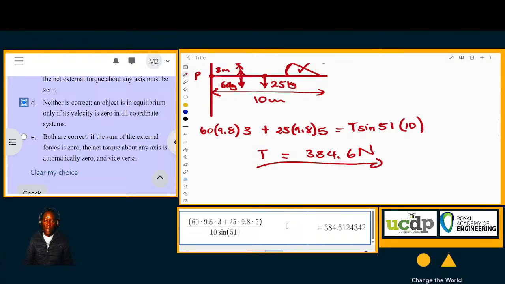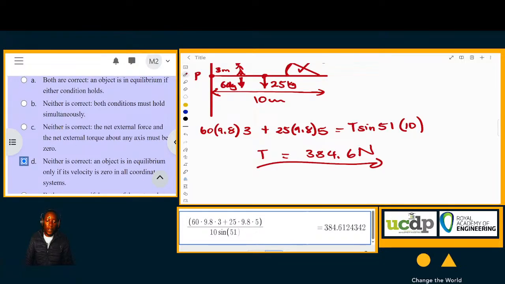If it says an object is in equilibrium only if its velocity is 0 in all coordinate systems, that's not true, because we can have what we call dynamic equilibrium, when the net forces are 0 but the body is still moving, so the velocity won't be 0 then. So forces can balance, but the body is still moving at constant speed or velocity.